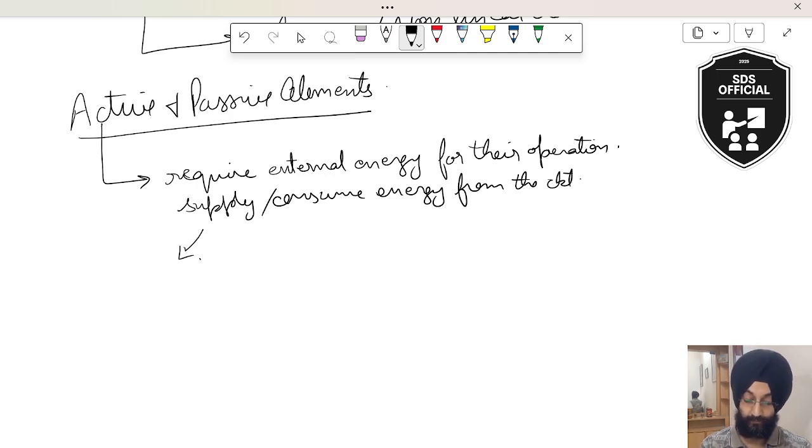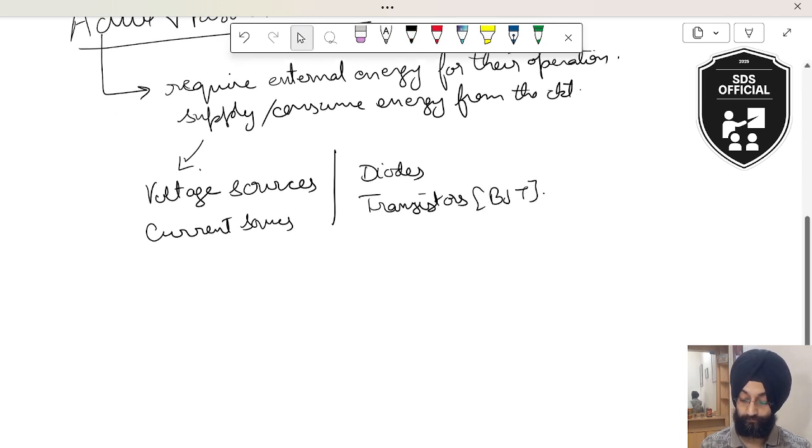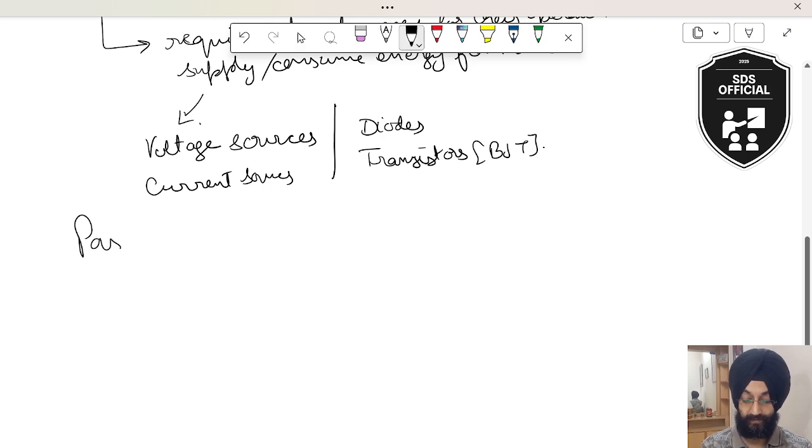The best example is voltage sources or current sources, or these can be diodes or transistors, bipolar junction transistors. Now, the second one is passive elements.